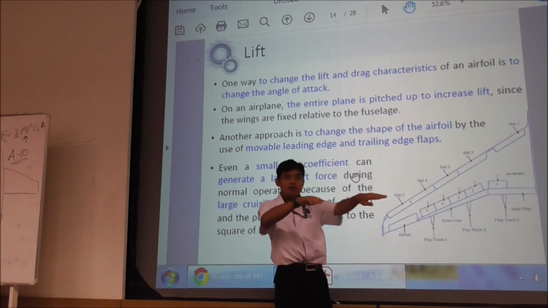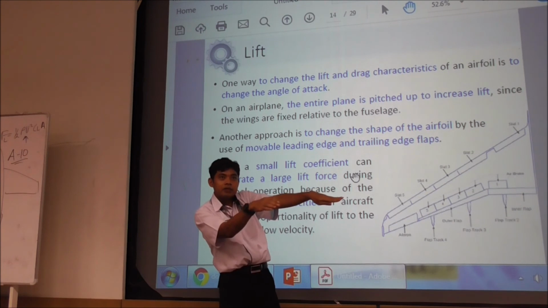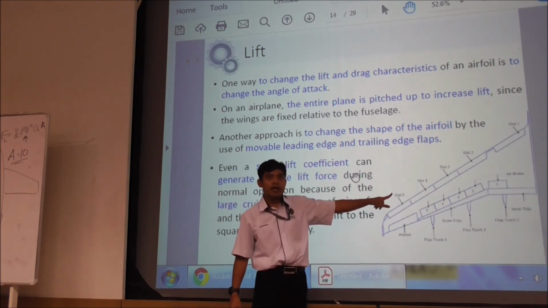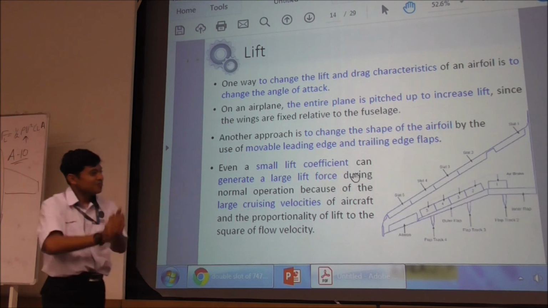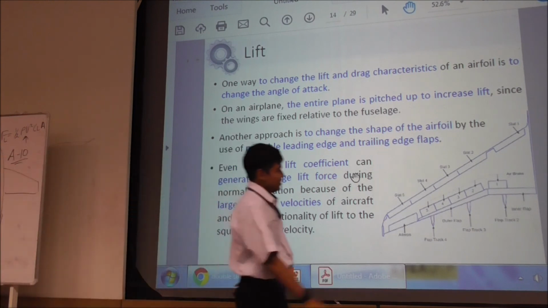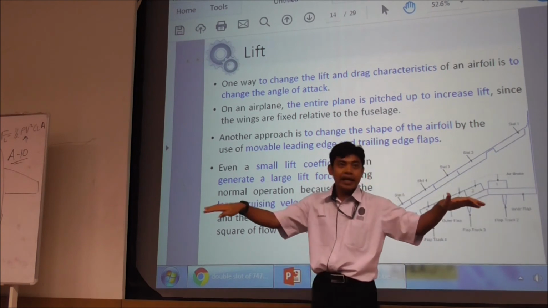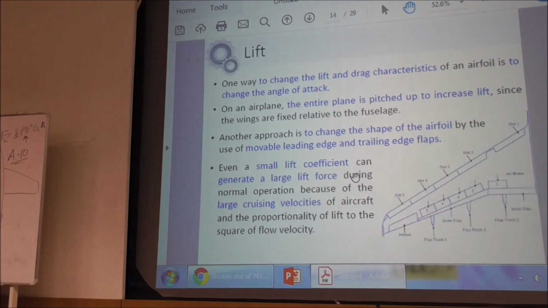Okay, the front one, it can extend a little bit and provide a little bit of area. That one is called a slat, S-L-A-T. Then when landing, it will open this thing. It is called the air brake.